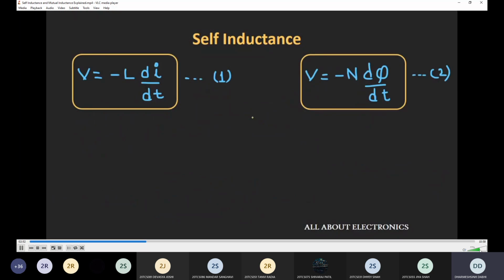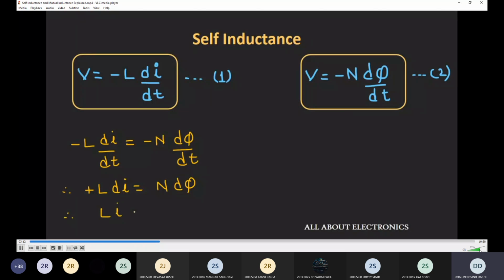So here we have two equations. Let's compare them. We can write -L di/dt = -N dphi/dt, or L di = N dphi.